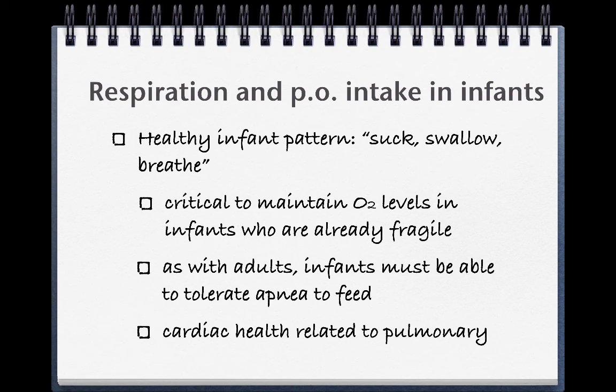A suck, swallow, breathe pattern in a healthy infant is also related to cardiac and pulmonary health. So we look with a close eye at infants who have cardiac defects or pulmonary issues to make sure that they're going to be able to tolerate the apnea that's inherent in the suck, swallow, breathe process.